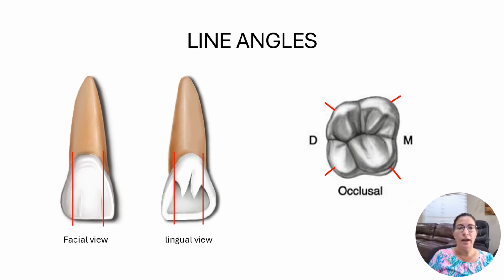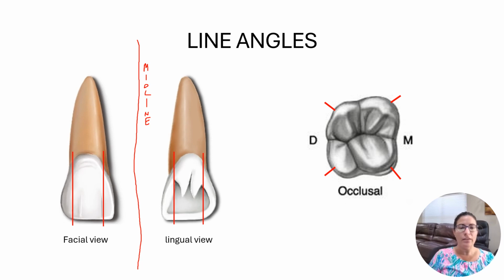If I were to actually draw on this slide, I'm going to draw a line down the middle of those two teeth, demonstrating that this is the midline. We'll write midline there, and then I'm going to identify what those line angles are.